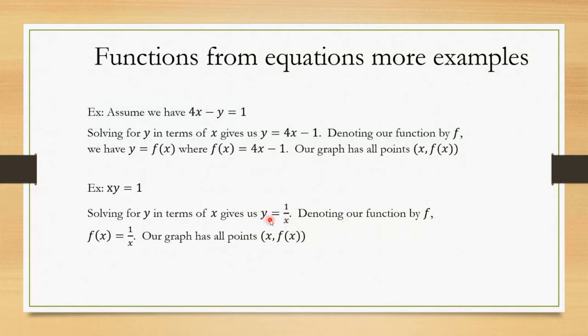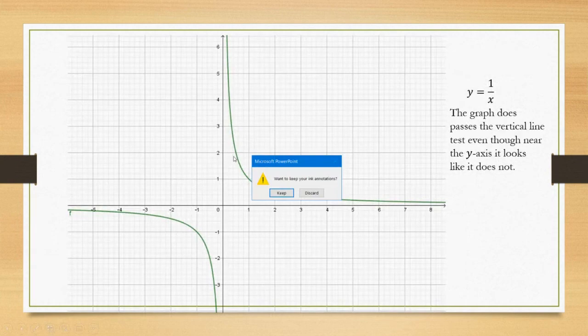And then I just replace y with f of x. That's all I did. So in this case, the function is taking an x and gives you back 1 over that x. And as we saw, 1 over x, you can't define that at 0. So, well, we'll get to that shortly, actually. Let me pause the recording.